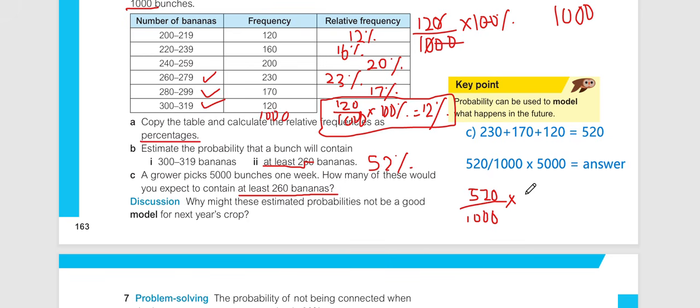If you want to find for 5000 using this relative frequency, what you have to do is multiply it by 5000. This is what I have done here. So here 1, here 5. So 520 times 5 equals 2600. This is the answer.